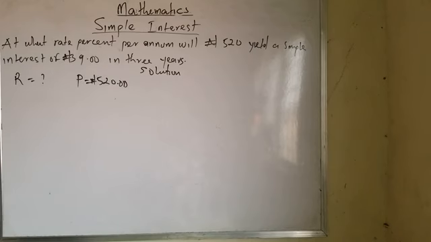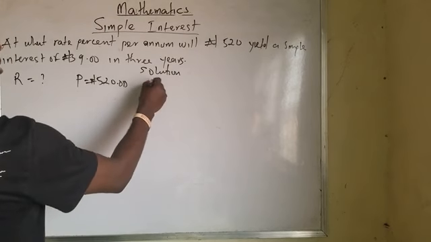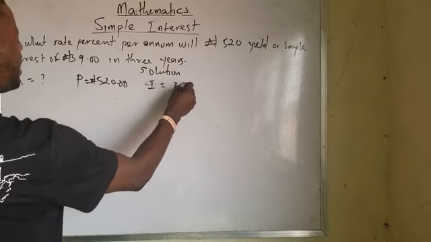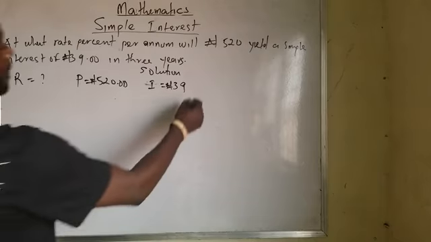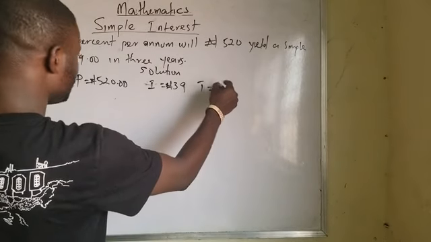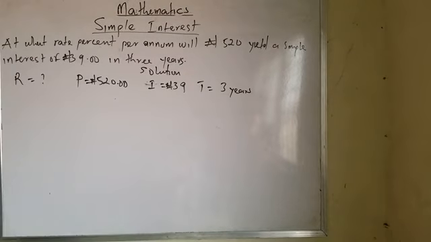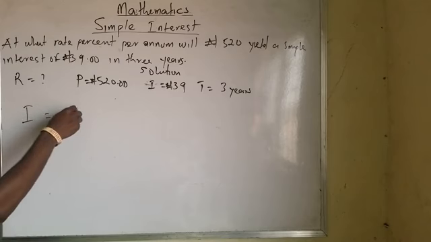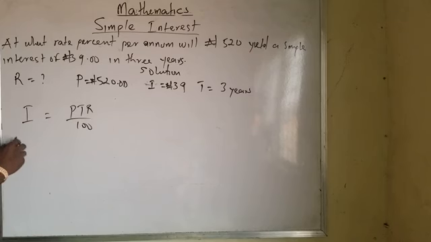The simple interest is 39 naira, and the time is 3 years. That is what you need to know. Interest equals principal times rate times time, all over 100.